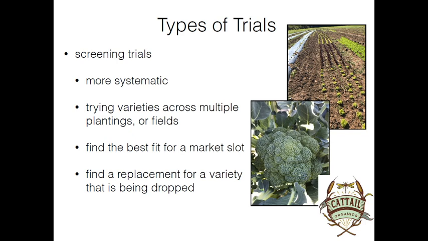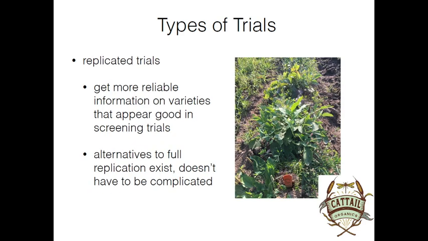Replicated trials are where you're trying to get more reliable information on traits that have some kind of environmental influence. So yield is a good example of a trait that has a lot of environmental variation due to soil fertility or the weather in a particular year.